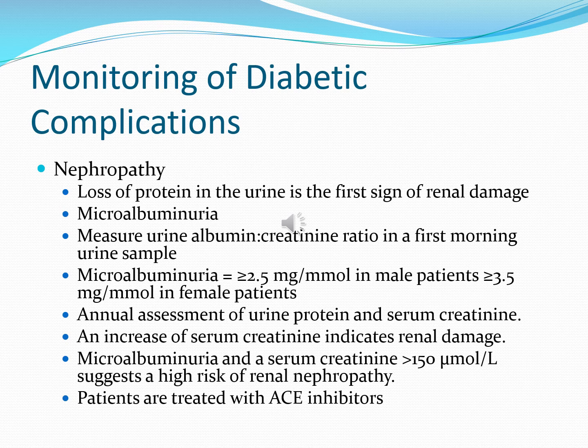And when we see an increase in serum creatinine, this can indicate renal damage. And if you've got microalbuminuria and increased serum creatinine, so greater than 150 micromoles per litre, this suggests a high risk of renal nephropathy. And these patients should really be seen by a renal physician. They're often treated with ACE inhibitors.